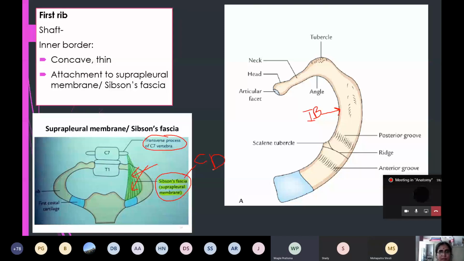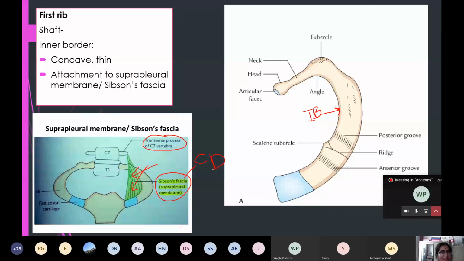Cervical diaphragm. Yes, excellent. Or suprapleural membrane. It separates the neck from the thoracic cavity. It covers the apex of the lung. When we teach you the lung, we will again teach you this fascia or membrane.